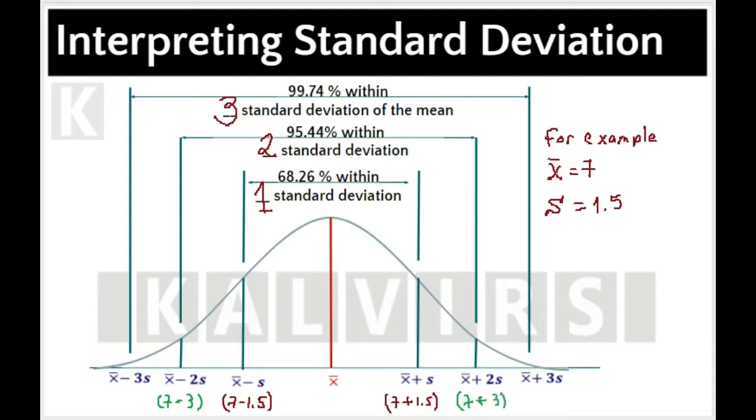And about 99.74% of all possible observations lie within 7 minus 4.5 and 7 plus 4.5.